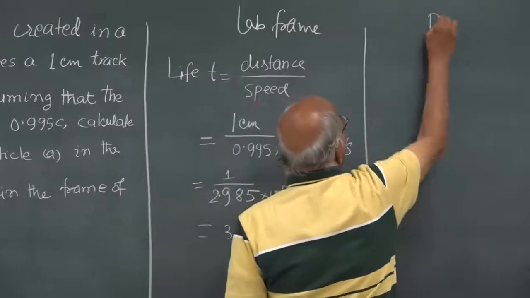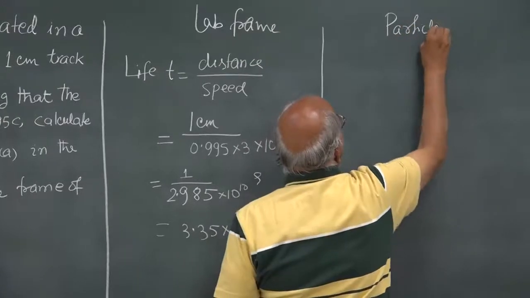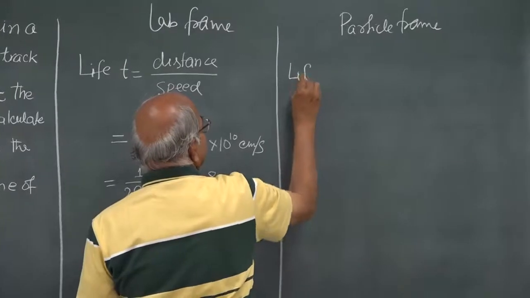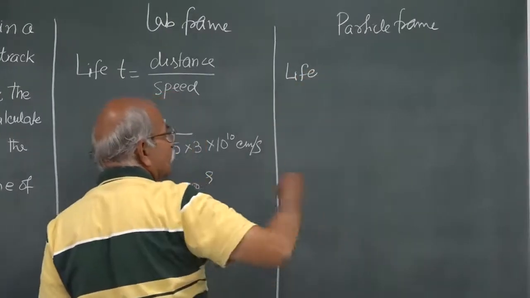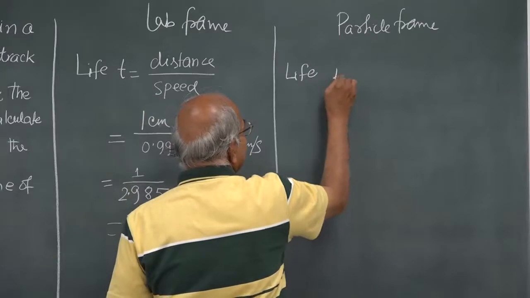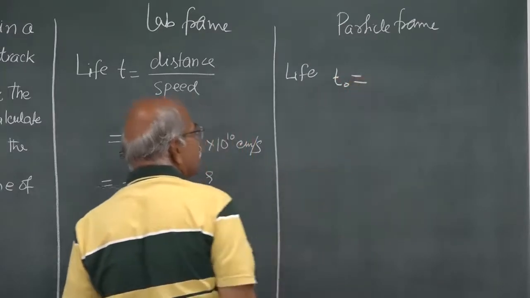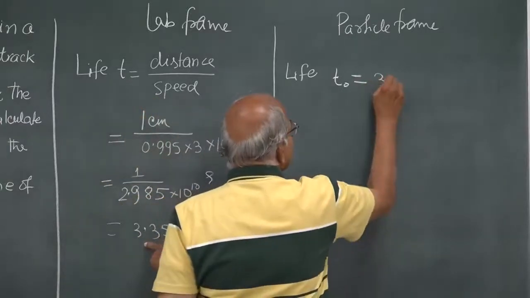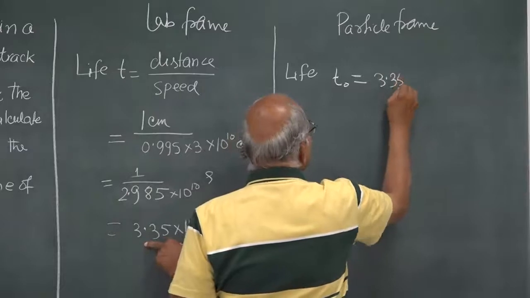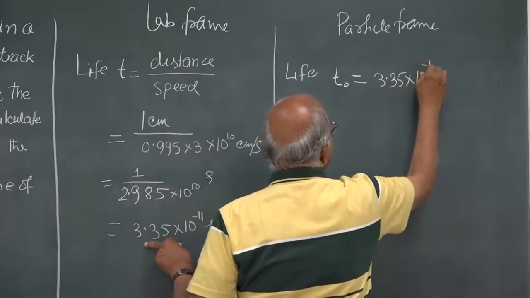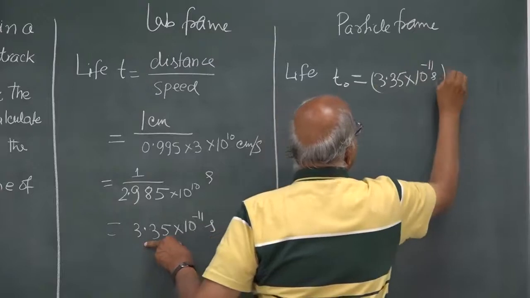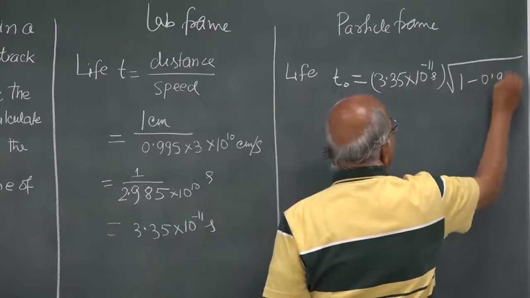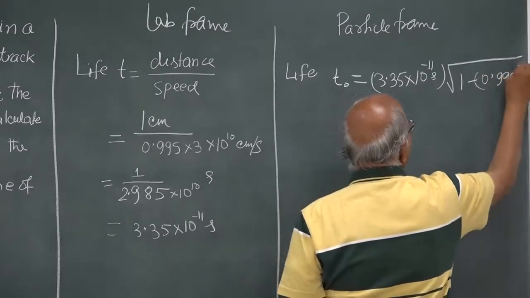So, this is in the lab frame, and then in the particle frame, that same time interval, life, particle created to particle decayed, that same time interval is proper time interval, and proper time interval is the smallest one, and therefore, it will be this 3.35 into 10 power minus 11 second, multiplied by square root of 1 minus v by c, which is 0.995, squared.